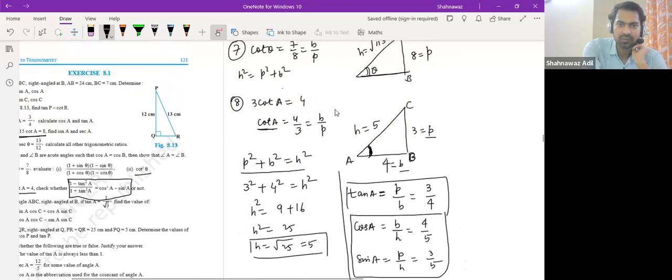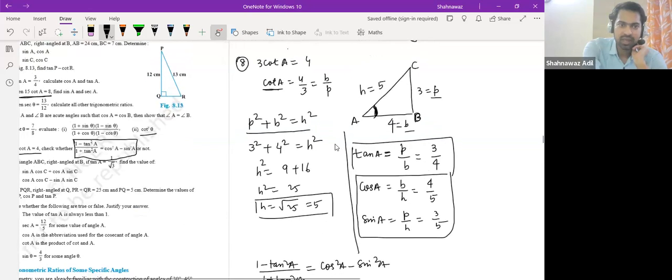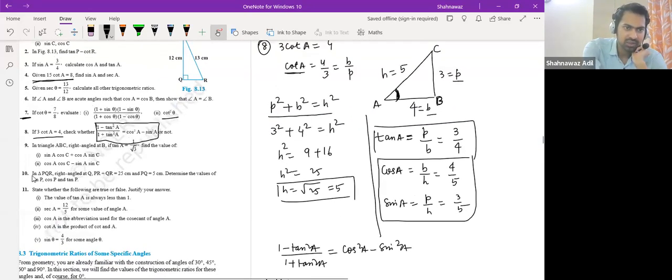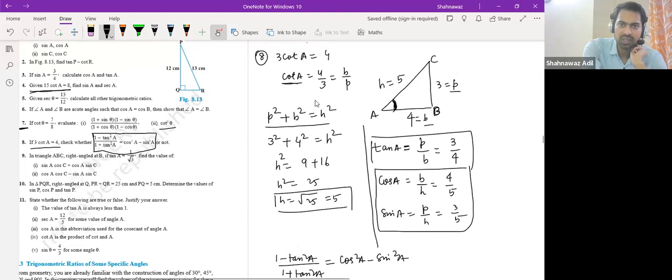You guys try this ninth and tenth question. Tenth question I will tell, and then you guys try all the previous questions. And whenever you find any doubts, then we'll discuss this. Please note it down, guys.